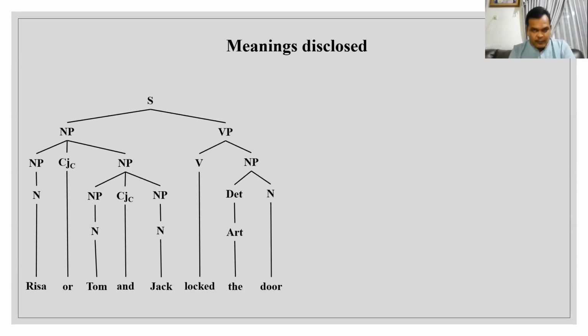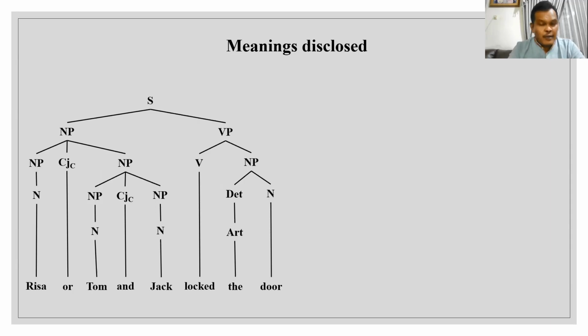Now, when we study the first diagram very carefully, the first one, we have to see the branch or the branches of the NP. And the main branch that you have to pay attention to is the position of the coordinate conjunction.